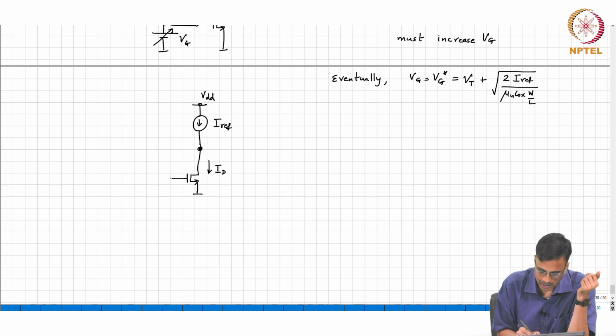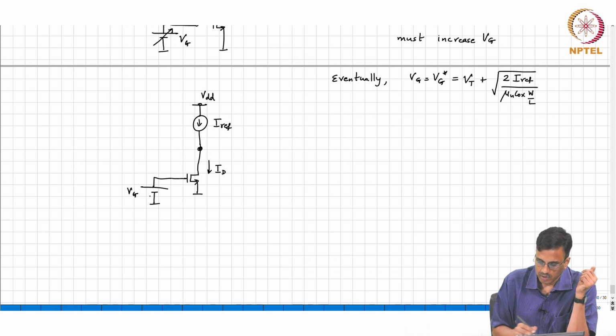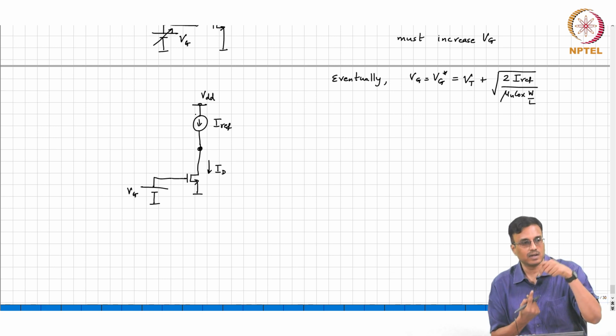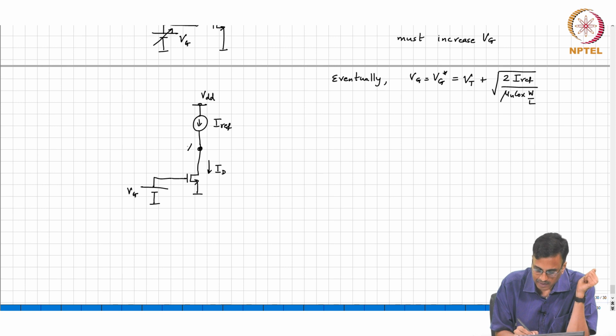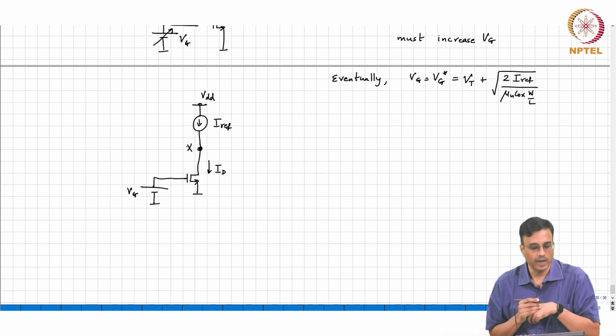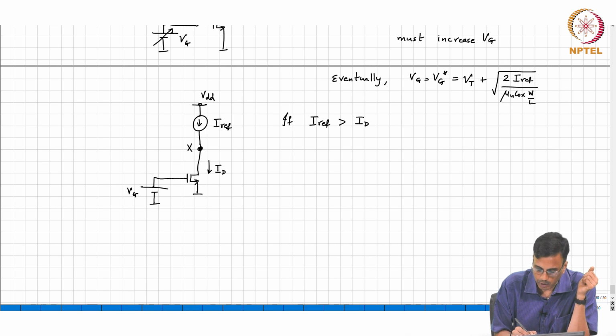So, we apply some arbitrary Vg here, we do not know what it is at this point. There will be some ID in the transistor, and we compare it with IREF, and let us look at the potential of node X. If IREF is greater than ID, what comment can you make about the potential of node X?